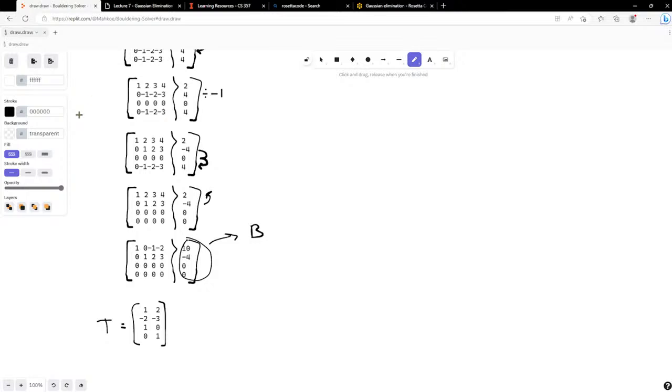I still am fuzzy on this. I'm still fuzzy on this technique of doing this trick. I kind of get it, but not really. But I'm satisfied that it works, so I'm just kind of gonna move on.